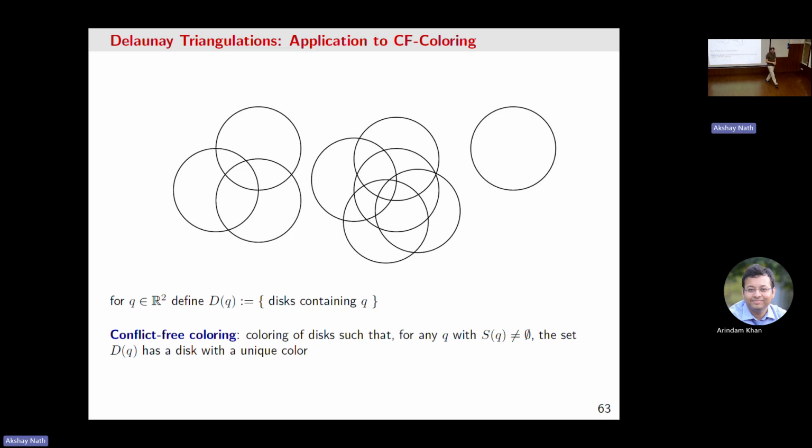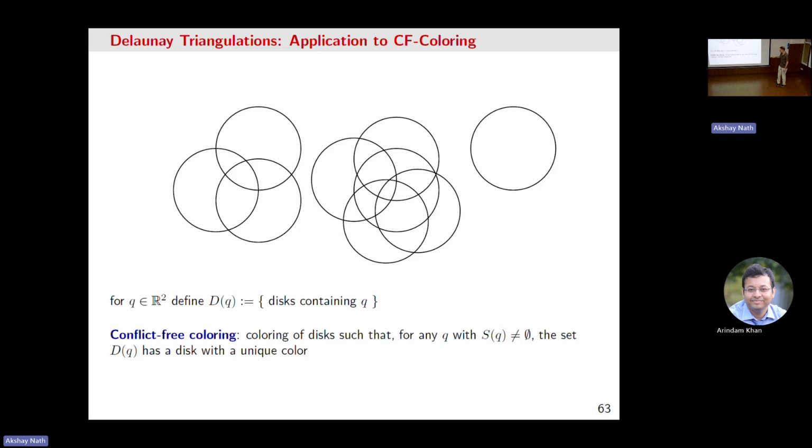So what you want is the following, and now I'm turning frequencies into colors, so different frequencies are different colors. If I have a point Q anywhere, that's me with my cell phone, define DQ to be the set of disks that contain that point. Those correspond to the cell towers I could potentially use.